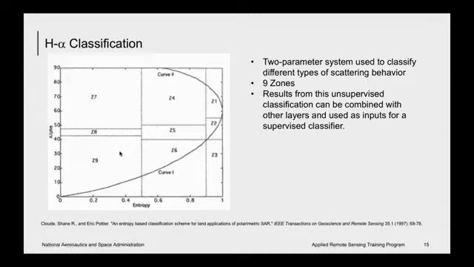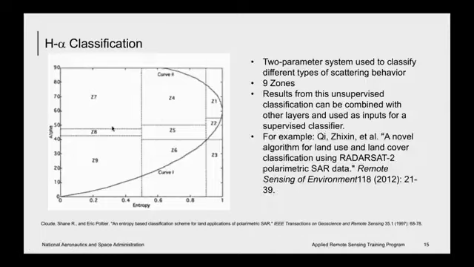And when you do this classification, the results can be combined with other layers. It doesn't have to be the end point of your research. Actually, it's a very good starting point to understand the physics of what you see on the ground. And this is one example, a recent example of a paper, again using RadarSat imagery.